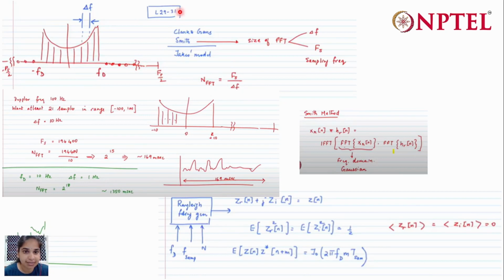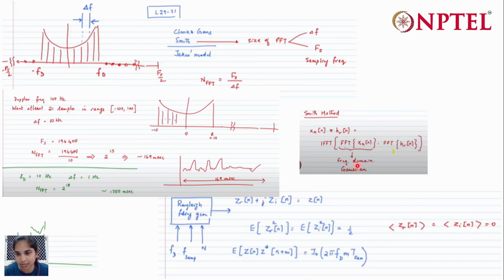One is Clarke and Gans, the other is Smith, and the other is Jakes' model. The Clarke and Gans model is basically a filter design, for the imaginary part separately and for the real part separately. There you had the problem that for every fd you had to design a filter, and it was highly complex. In the Smith model, basically we went to the frequency domain.